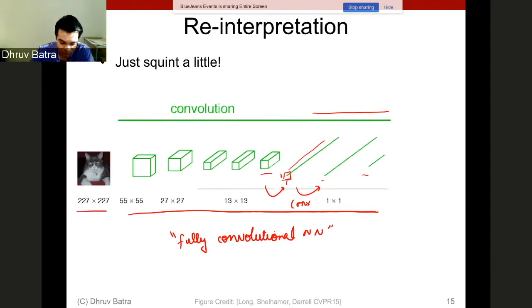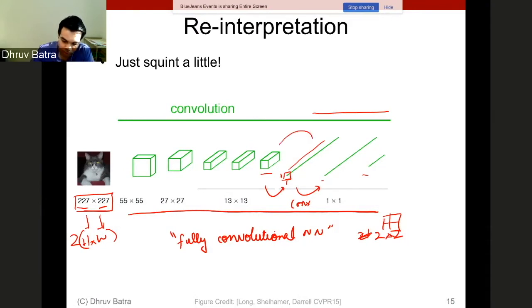So, for example, if this architecture was designed at training time to take 227 by 227, at test time, if I feed in 2 times the height and width that it was designed for, all that's going to happen is that your output will become a 2 by 2 output as well. So you will just get a slightly larger output if I can express this entire network as a convolutional network.